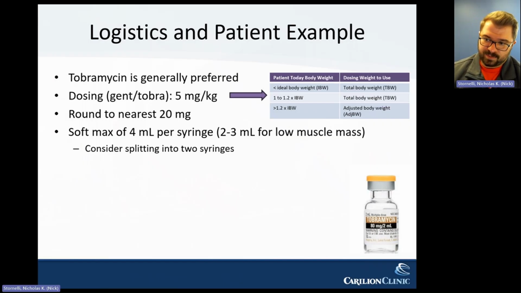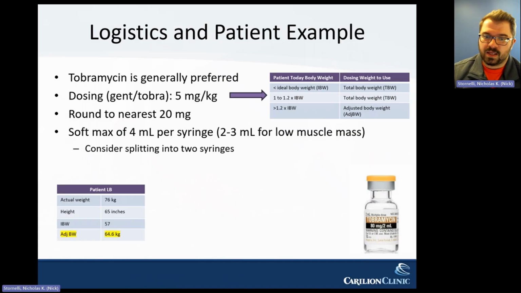And then for our patients with lower muscle mass, you want to lower that max volume to about 2 to 3 milliliters per dose. The tobramycin concentration for the vials in this example here is 40 milligrams per 1 ml. So it gives you an idea of how to assess the total volume that's going to be administered in a dose on a milligram basis.